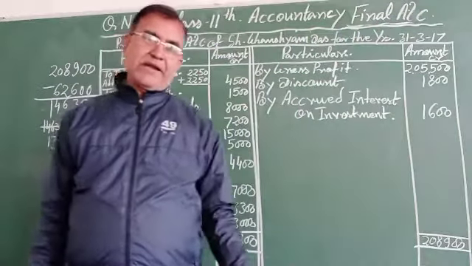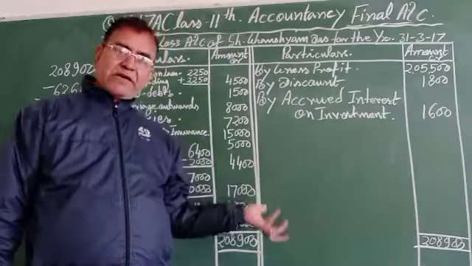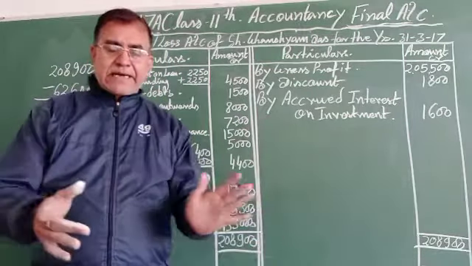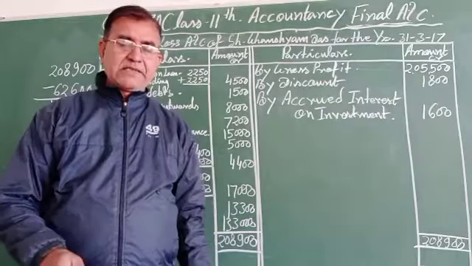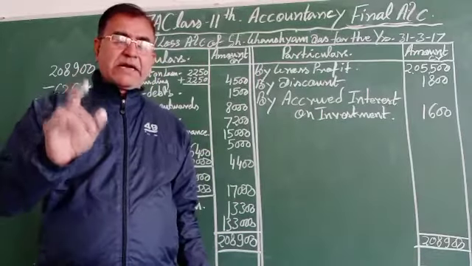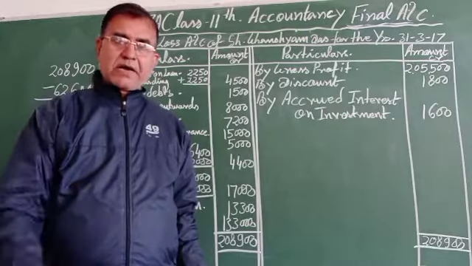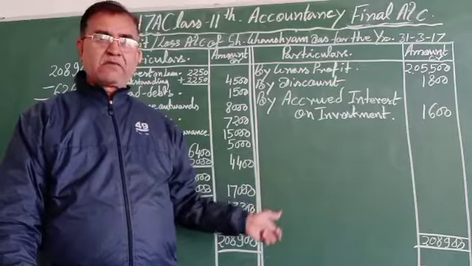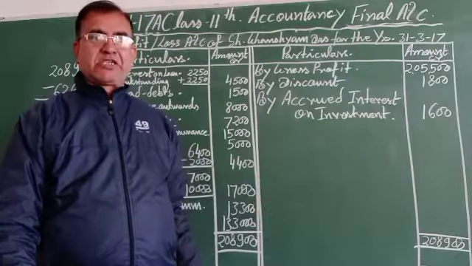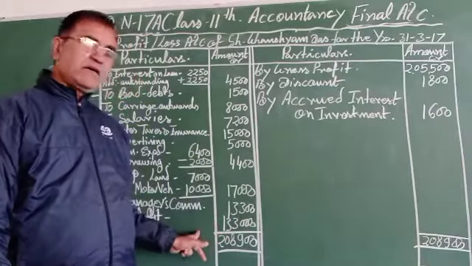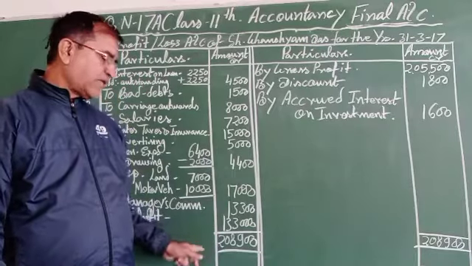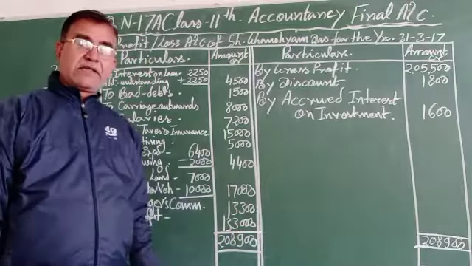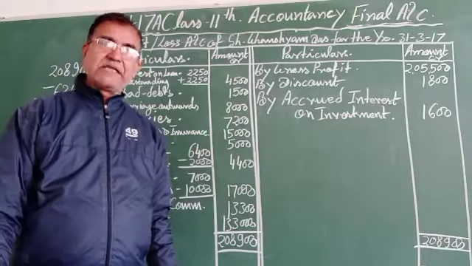The simple way: whatever net profit is ascertained by the enterprise, if the word given is after charging, the formula will be net profit into rate upon 100 plus rate. This way the steps involve calculating the manager's commission, and this is outstanding after deducting from the profit, that will be the actual net profit, and it will be shown in the liabilities column of the balance sheet also.